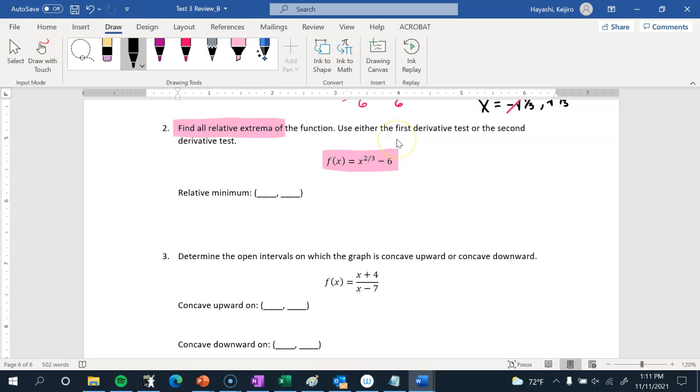So this is a radical function, but we're only going to have to take the first derivative. And it's already written as a rational exponent, so we'll take the first derivative and find out where it's either 0 or undefined. Those will be our critical numbers, and we work with those critical numbers in the usual way.